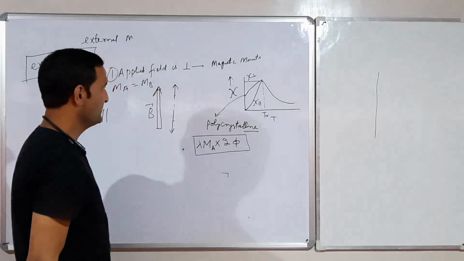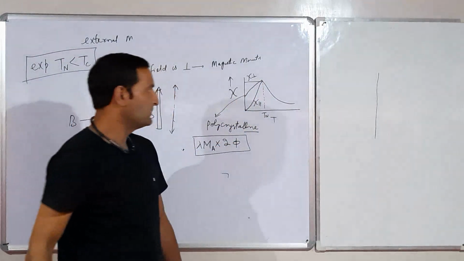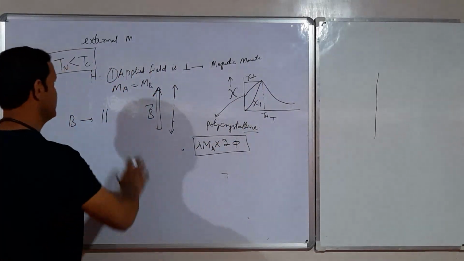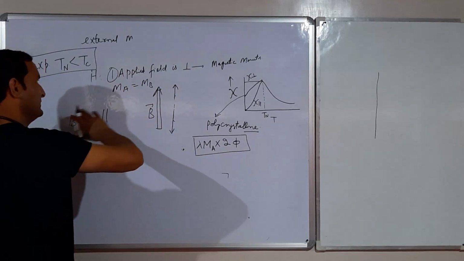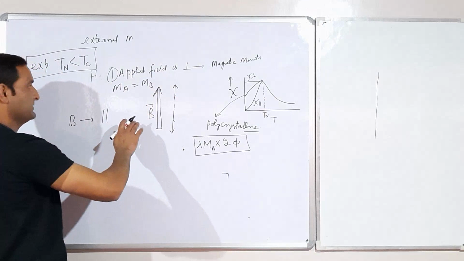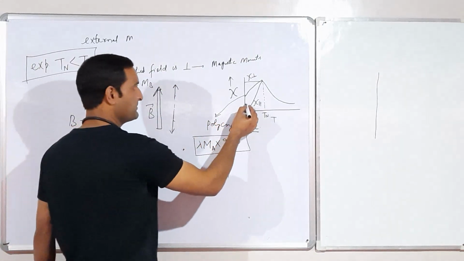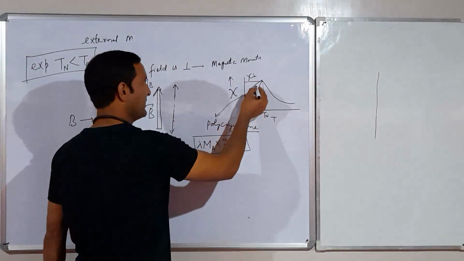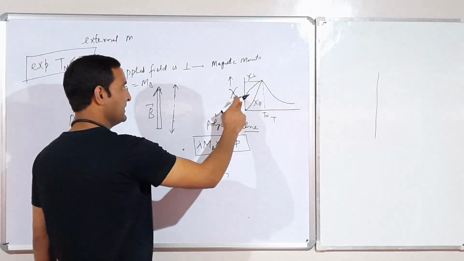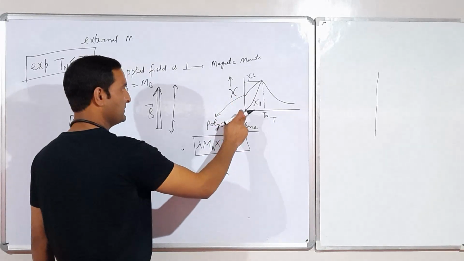So we can explain this behavior on the basis of the direction of the applied field, whether it is in the perpendicular direction, the parallel direction, or any other direction. It starts from here, so it can be averaged like this. That is why the susceptibility has a certain value at temperature equal to 0.